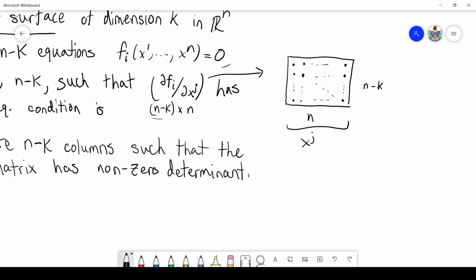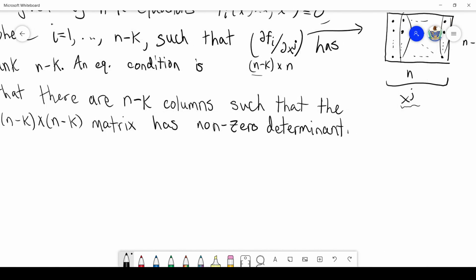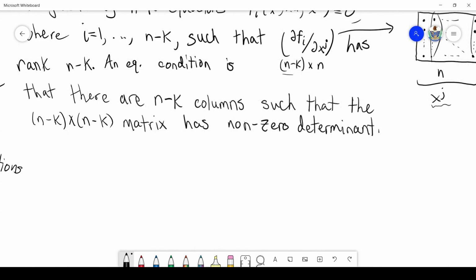So it's saying that we can pick n minus k of these coordinates and focus on those columns, and then we would have a square matrix. And once we have a square matrix, we can take the determinant. So that's an equivalent condition.